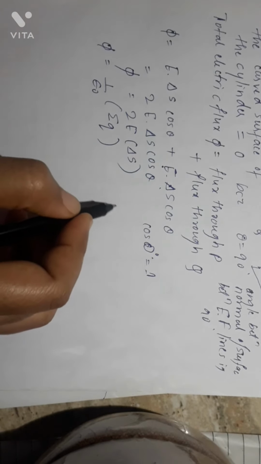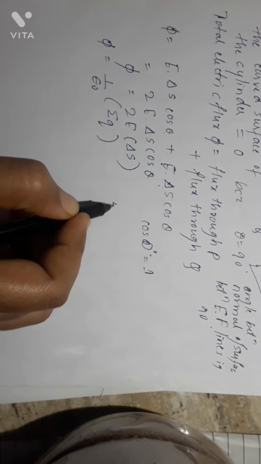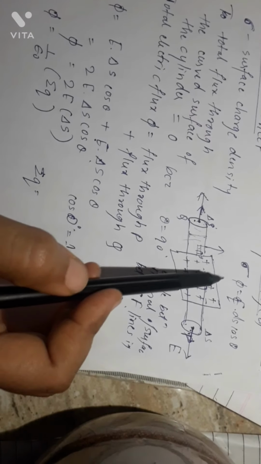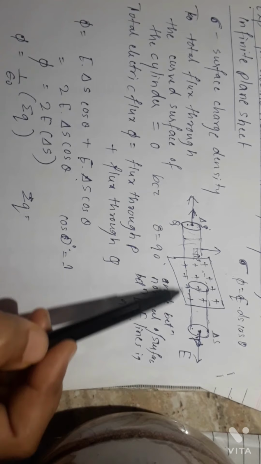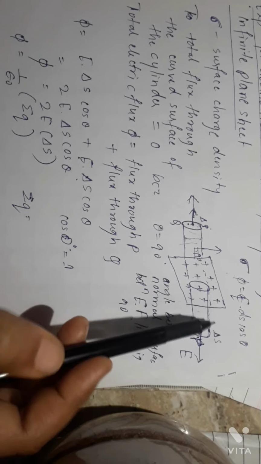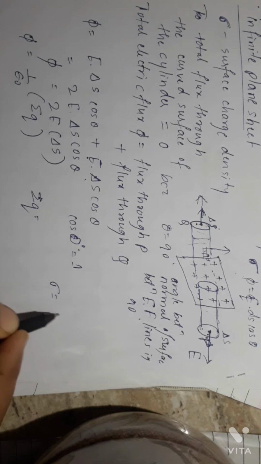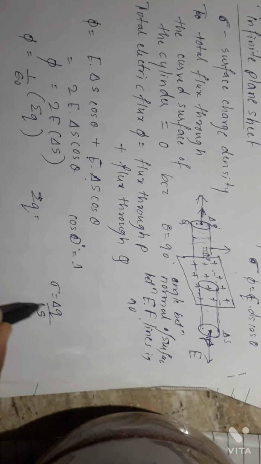Here we have to write the charge in terms of surface charge density. Since the surface is given, we take sigma, because it is the surface of the plane sheet. We know that sigma, the surface charge density, is equal to charge per unit area, that is Q upon delta S. If we take a small charge, it is a small area.